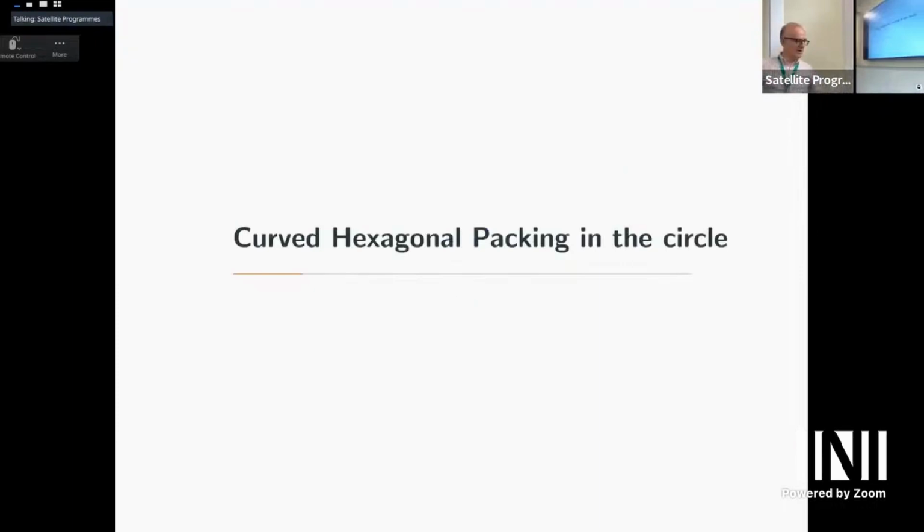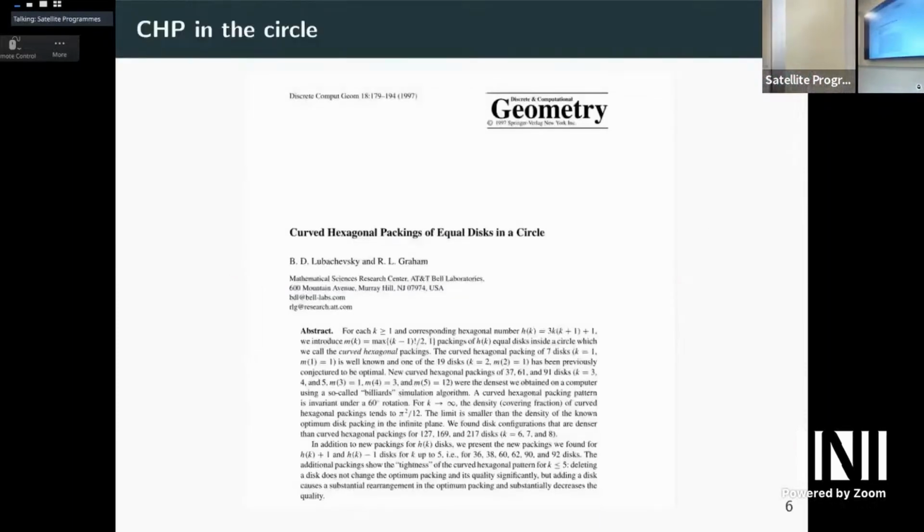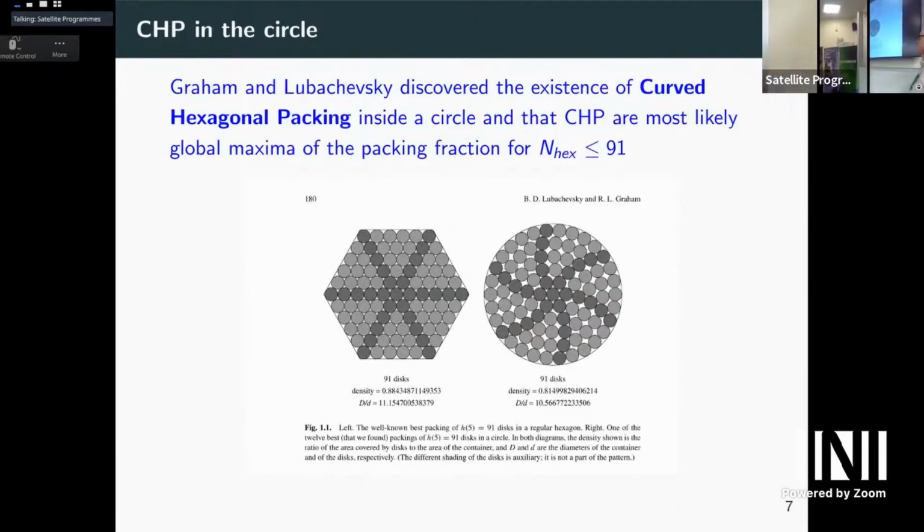Okay, so quite a while ago, in 1997, Graham and Lubachevsky discovered that in the circle something similar appears also. This is the hexagon, we just saw it. They found that in the circle, at these particular hexagonal numbers, you can also have hexagonal packing. It's not the very same, it's curved. So you have the very same shells, with the very same number of disks.